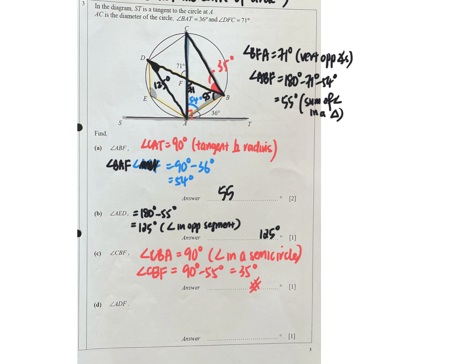So since this is 35, this one you can find to be 109, angles on a straight line. So we can find that first. CFB is 180 minus 71, which is 109, angles on a straight line. So once you know that, you can find this.